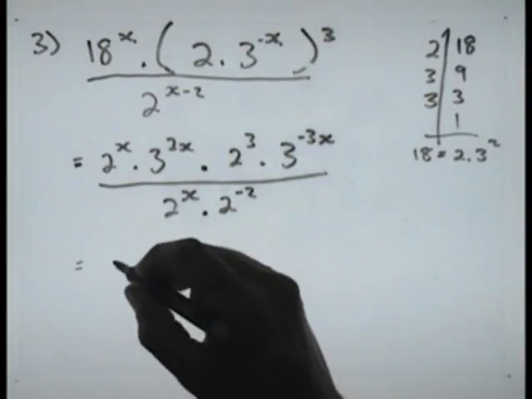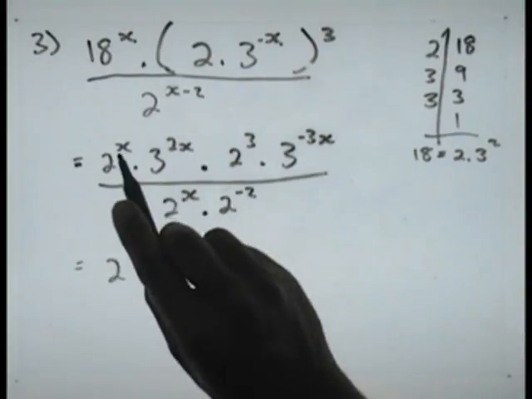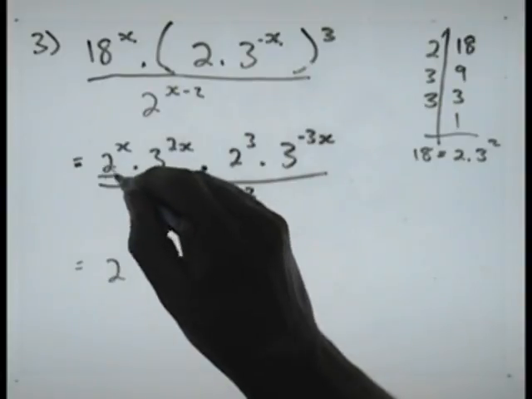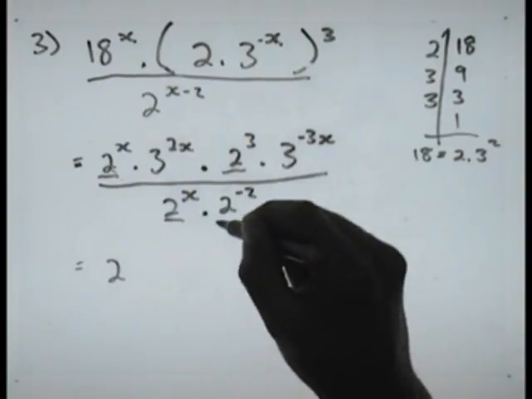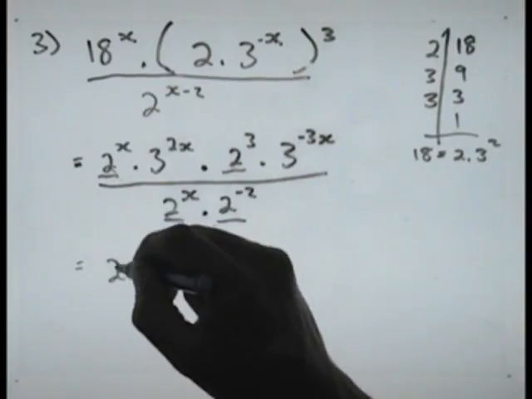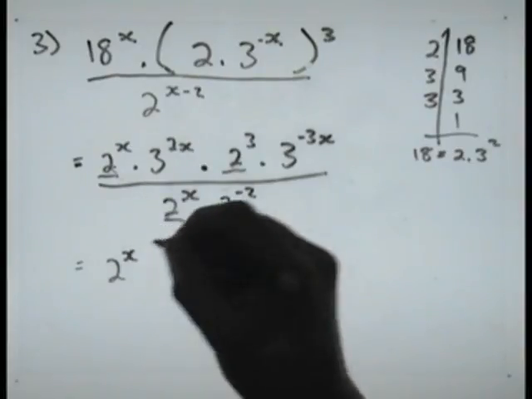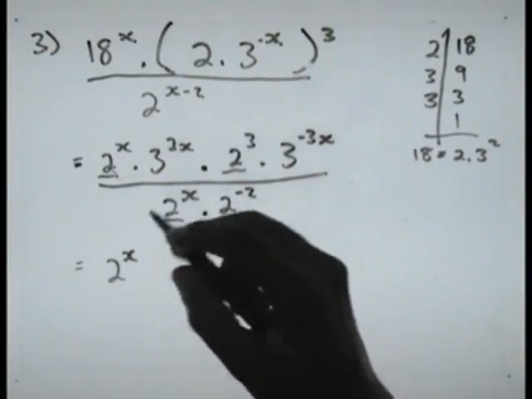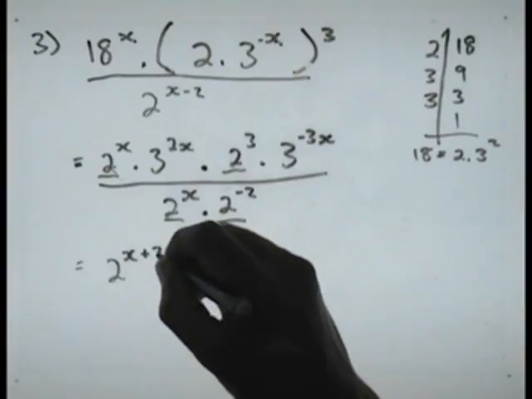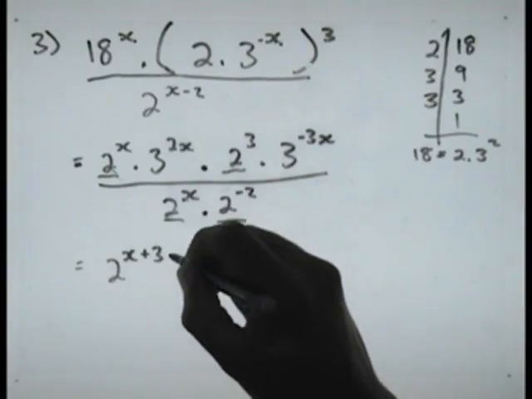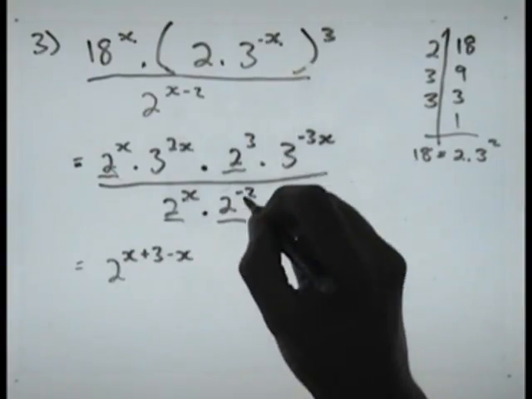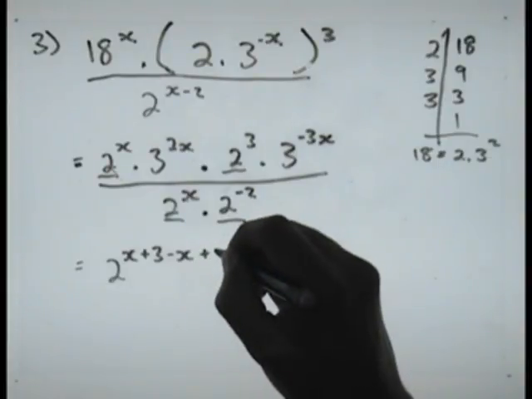That's going to give me 2 to the power... Now our bases, take the common bases together. So that's 2 to the power x multiplied by 2 to the 3, which is x plus 3, minus x minus minus 2, which is plus 2.